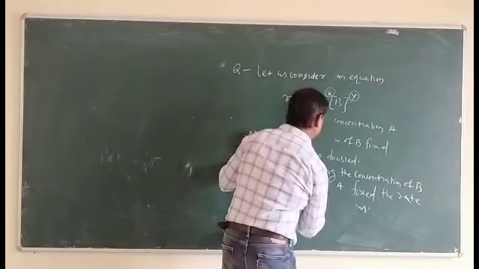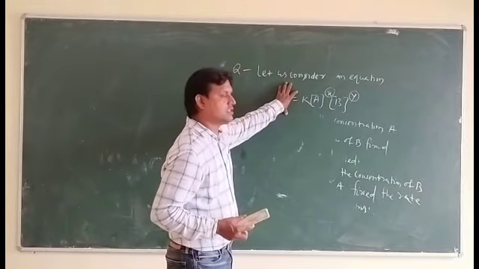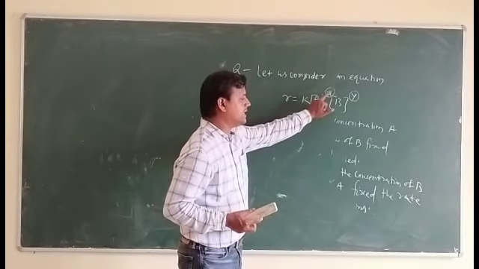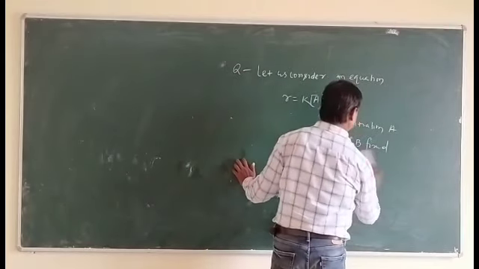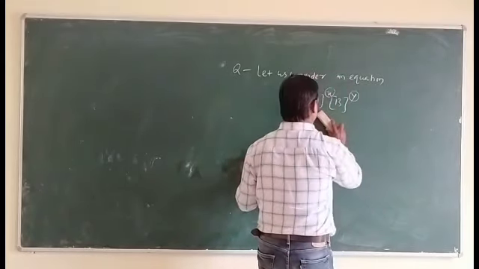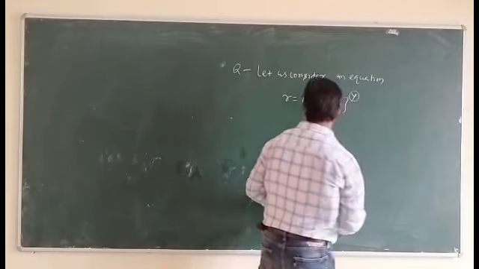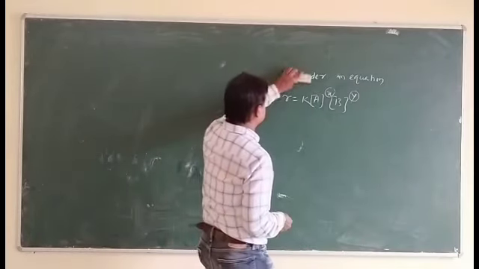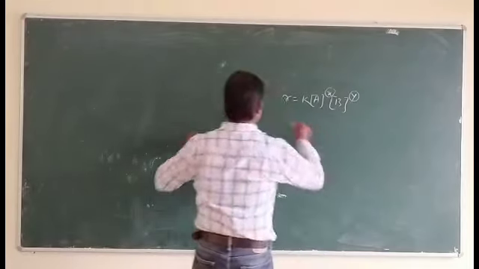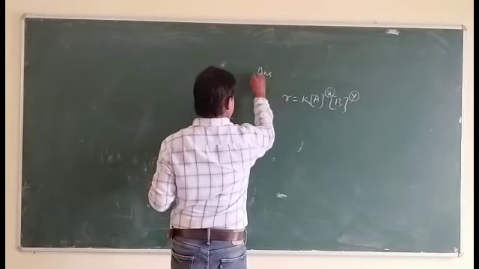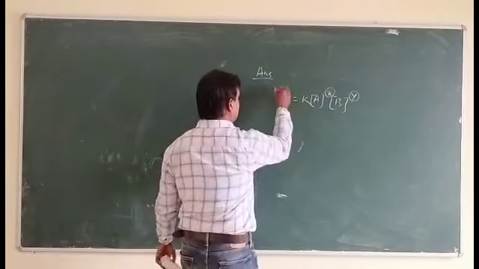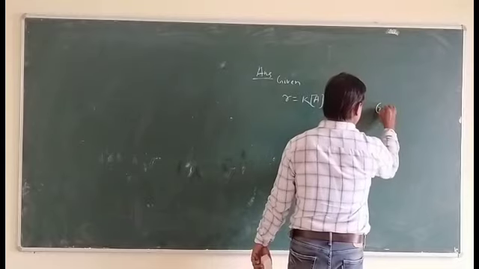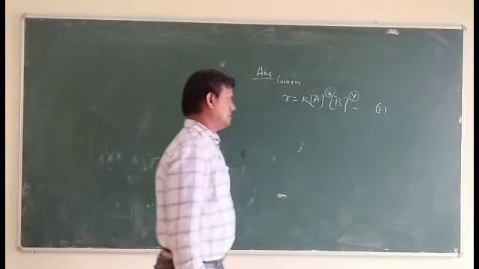This is our rate law equation, the original equation: R equal to K A to the power x B to the power y. Suppose this is equation number 1.